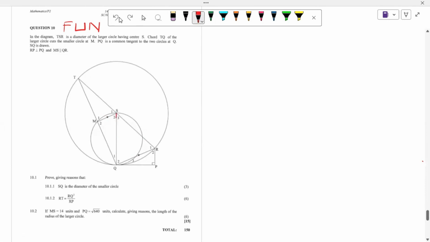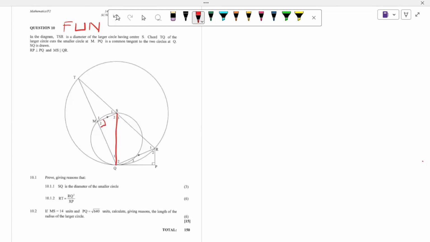Here's my first question, and I think even yesterday we had a question like this. For SQ to be a diameter of the smaller circle, what must happen? That's the first question I must ask myself before I go very far. What I can see so far is that M2 has to be 90 degrees.